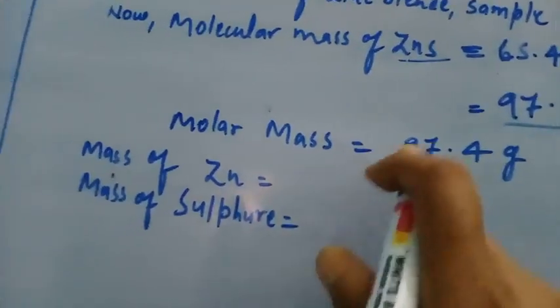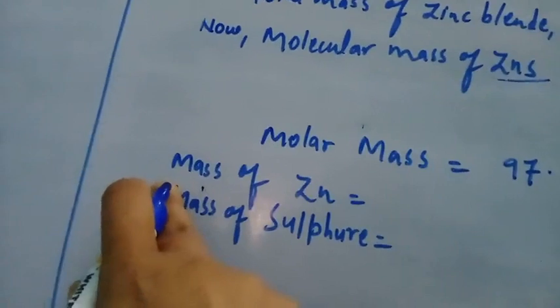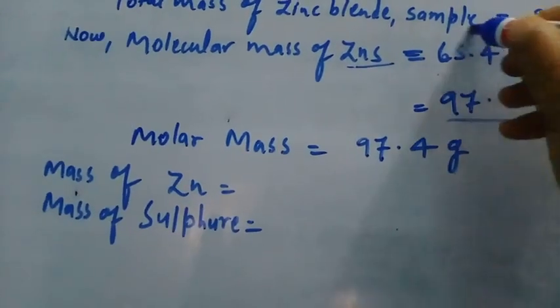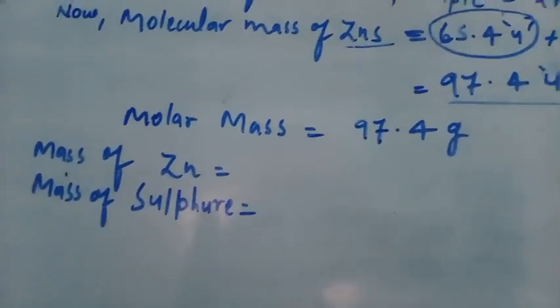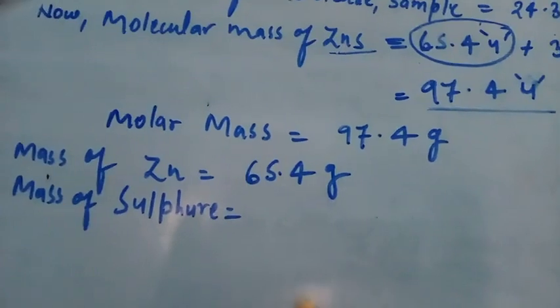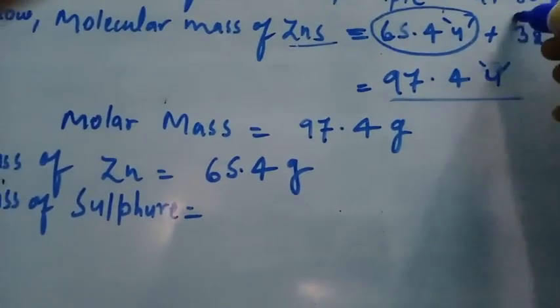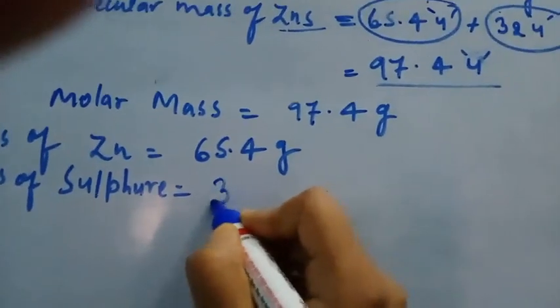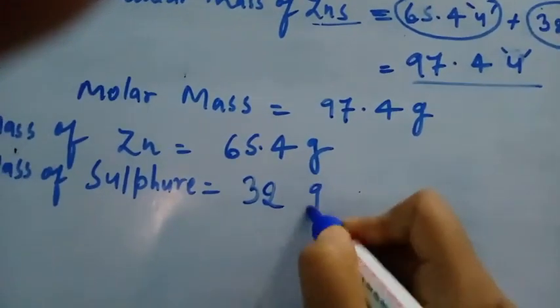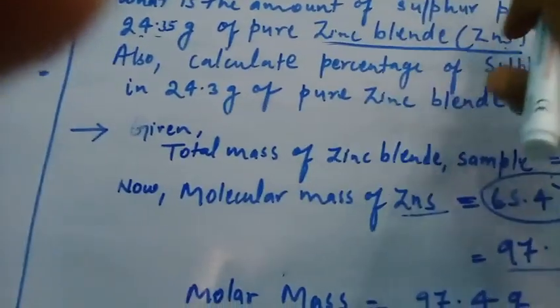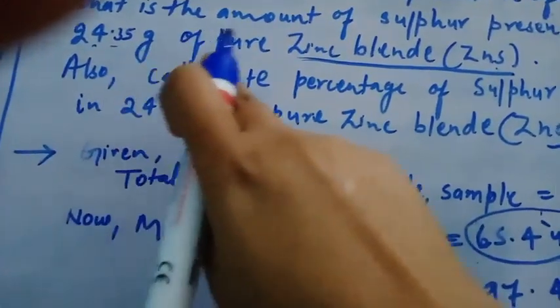From this we will find the mass of zinc. So the mass of zinc we can write as 65.4 gram instead of U, and the total mass of sulfur will be 32 gram. Now the question is to find the amount of sulfur present in 24.35 gram of pure zinc blend.